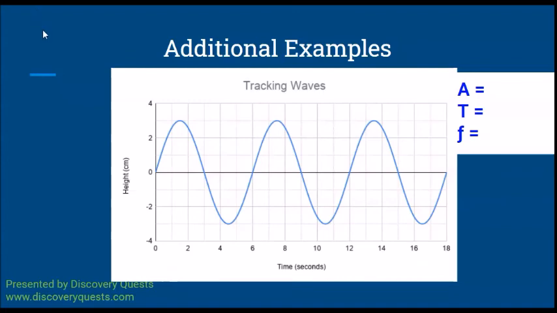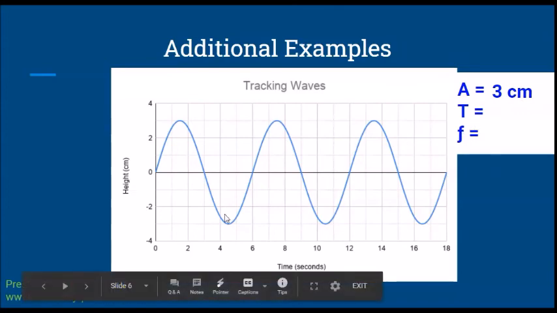So for the amplitude, you should have calculated simply the maximum height between the midline and the crest of the wave, which is, for this particular wave, 3 centimeters. Our period, which is how long does it take for one wave cycle to complete, that's pretty easy to read off this particular wave.